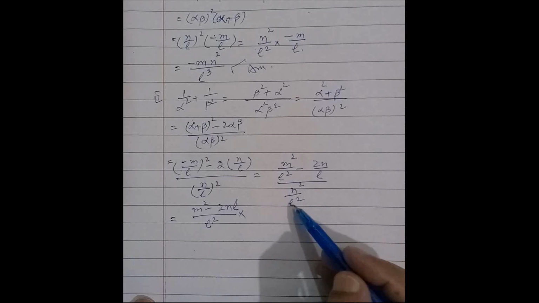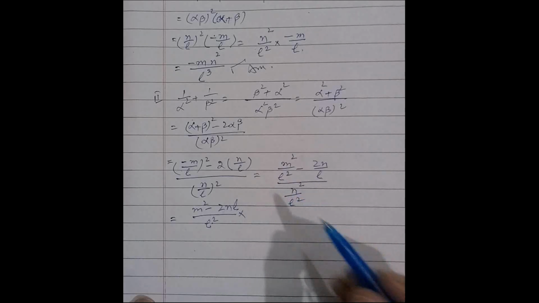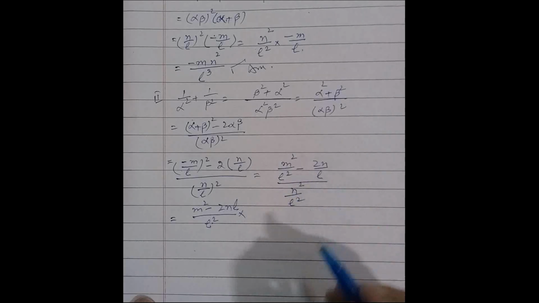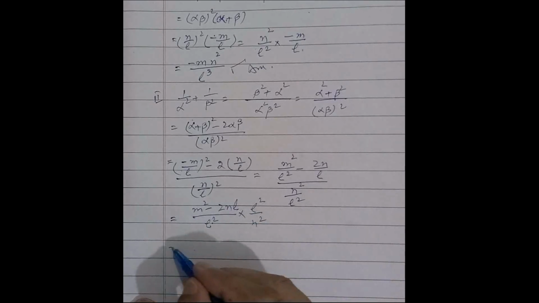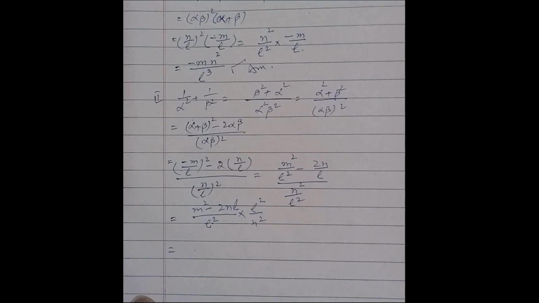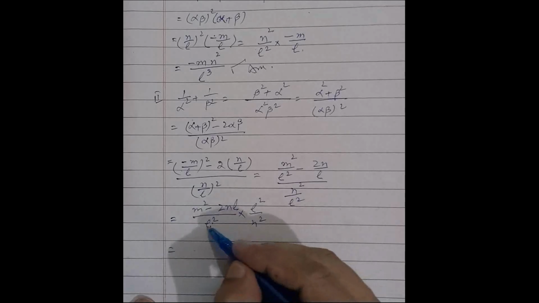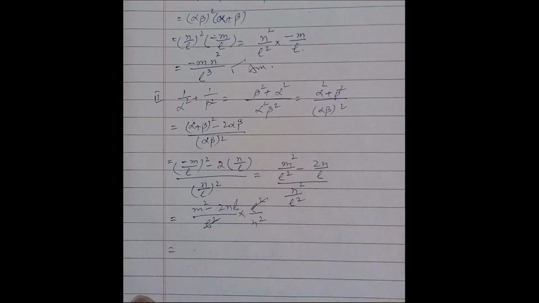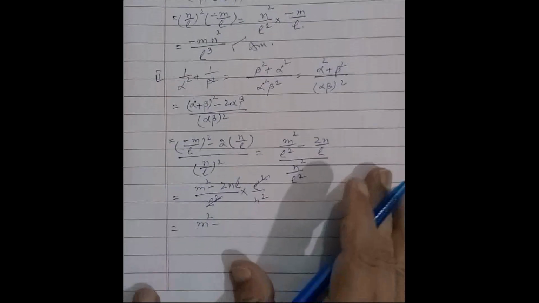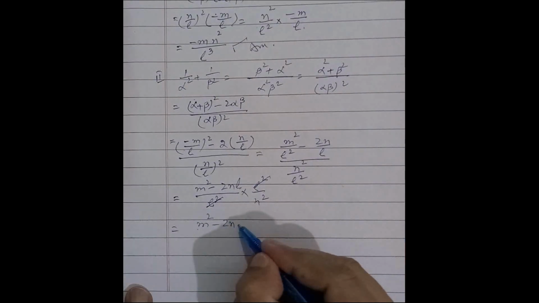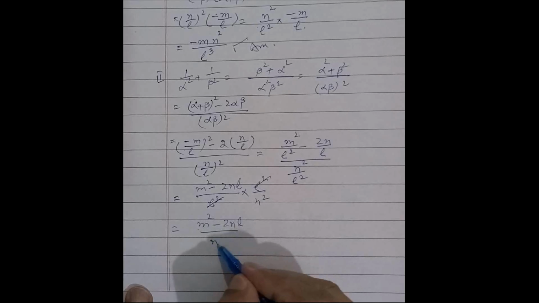Multiply by the denominator, when shifted to the numerator side, we get L square over n square. Then L square cancels with L square, and the value is m square minus 2nL over n square.